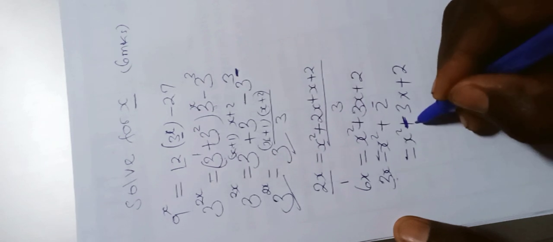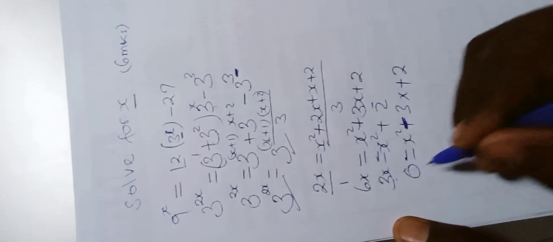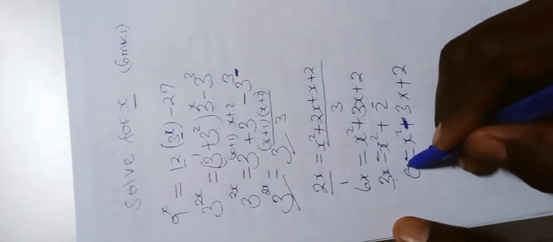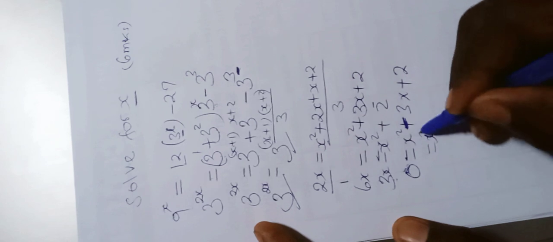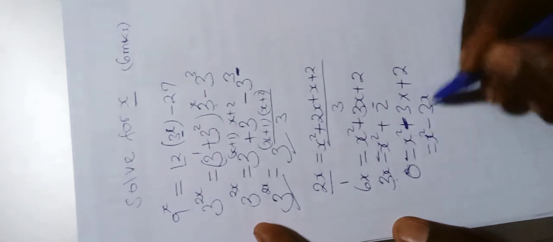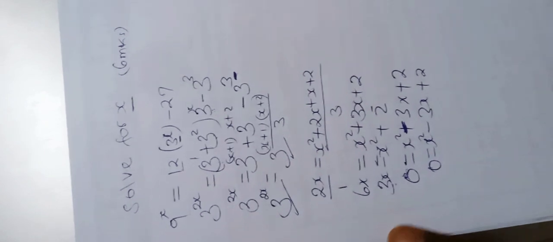We are saying minus 3 for the sake of crossing the equal sign. So this one we are remaining with 0. So we are saying x squared minus 3x plus 2 is equivalent to 0.